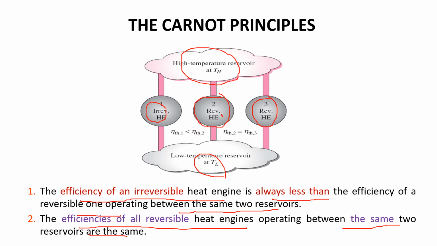So this is the Carnot principle, saying that if you have irreversible and reversible, the irreversible heat engine efficiency will be less, but if you have reversible engines, the efficiency of all reversible heat engines operating between the same two reservoirs, this one and this one, will be the same.